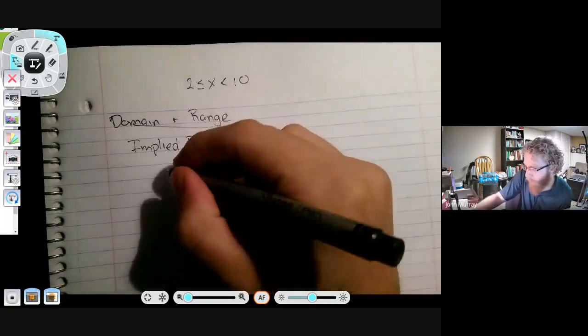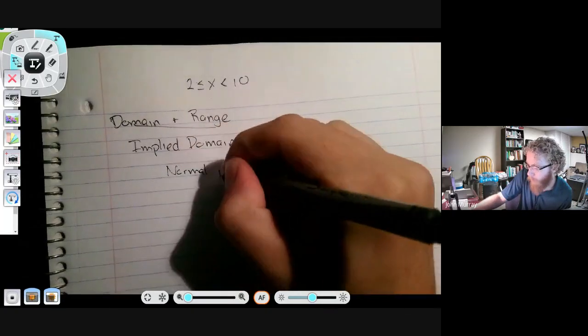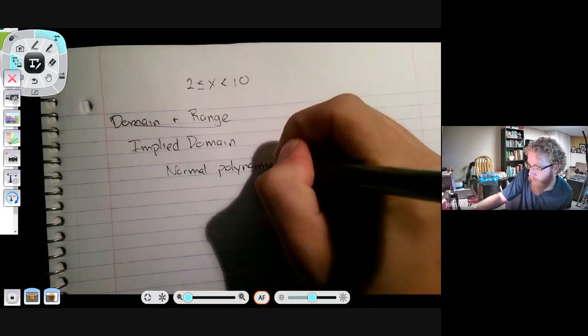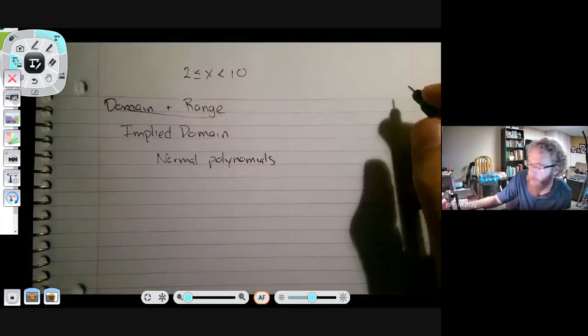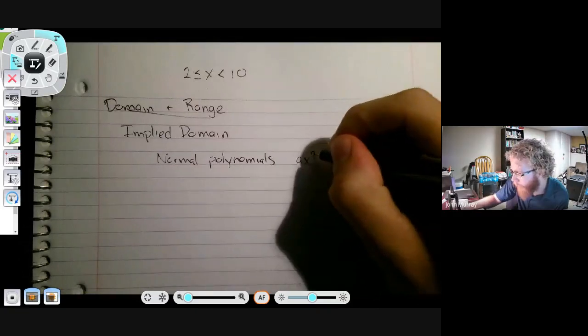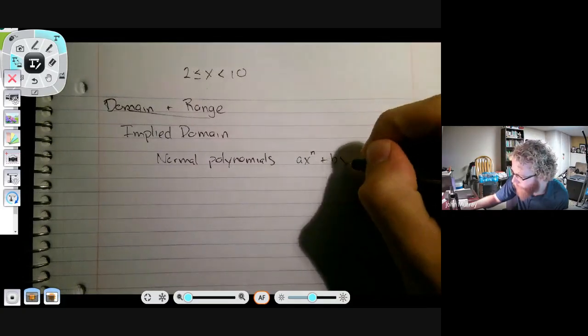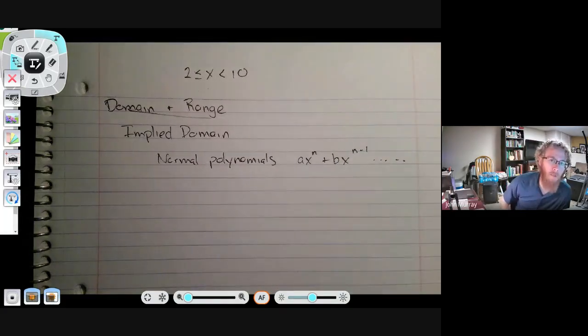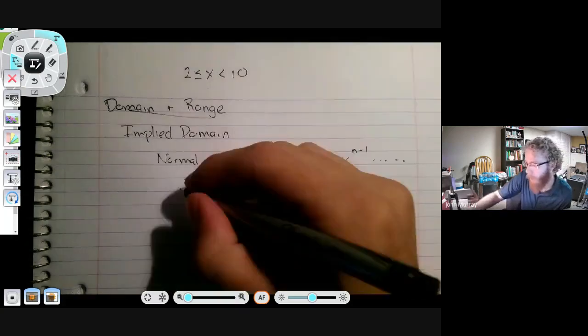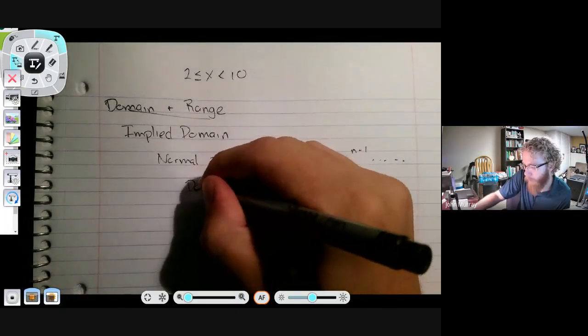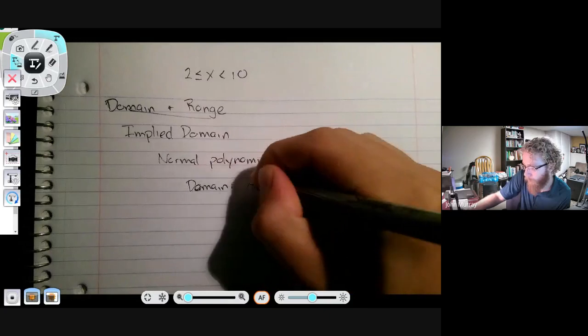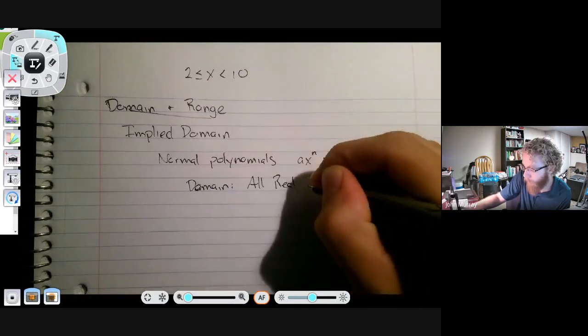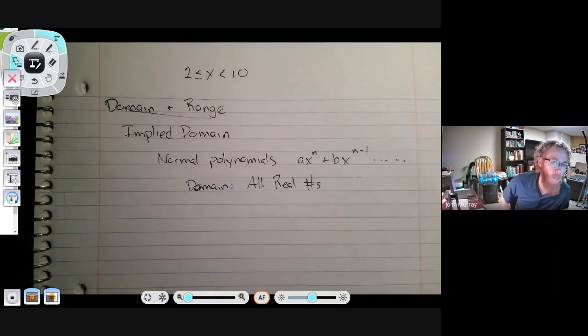So when we have normal polynomials, if I had ax to the n plus bx, just a polynomial with normal expressions, squared, to the third, to the fourth, to the fifth, our implied domain we say is all real numbers.